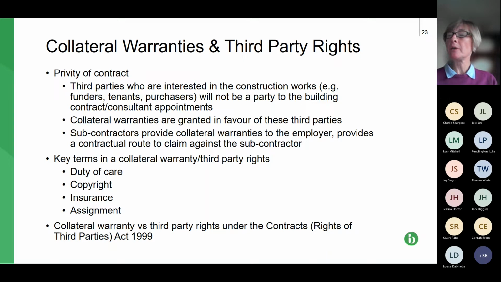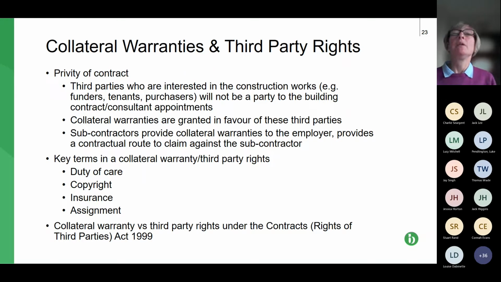If two parties, client and contractor, enter into a contract, we have a concept called privity of contract, which means that the obligations set out in the contract are only owed to those respective parties. A third party cannot come in and start saying, you two have got a contract, I want to enforce it and make a claim under it. That's not allowed.